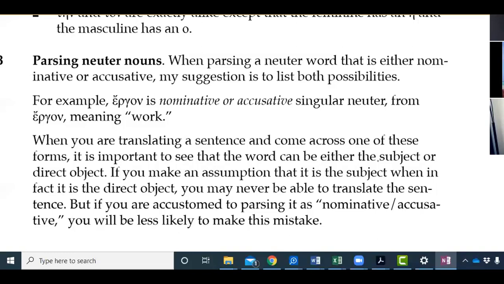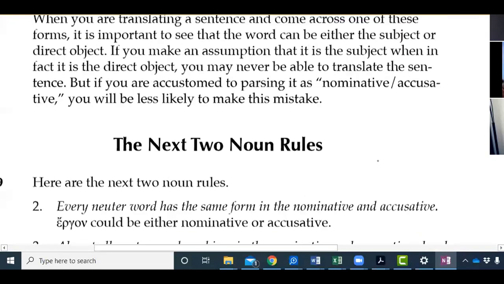And the reason you need to know that both are possible is because you're going to come across sentences where both are possible, but only one of them is the right one. And if you always assume, say, nominative case is the answer, in a real sentence, accusative might be the right way to analyze it. You're going to be totally lost. So be very, very careful.